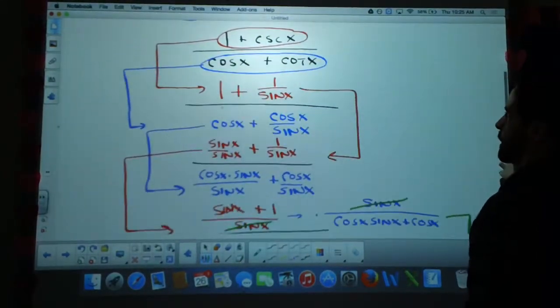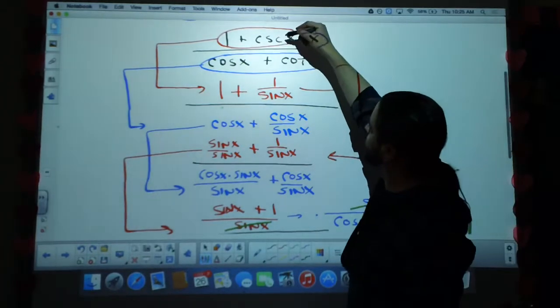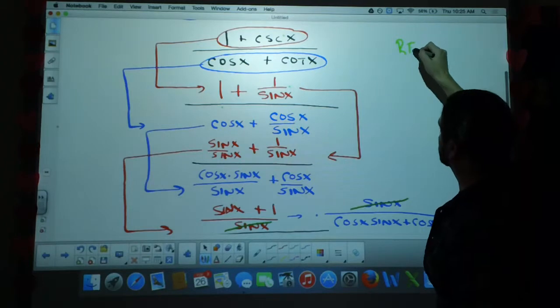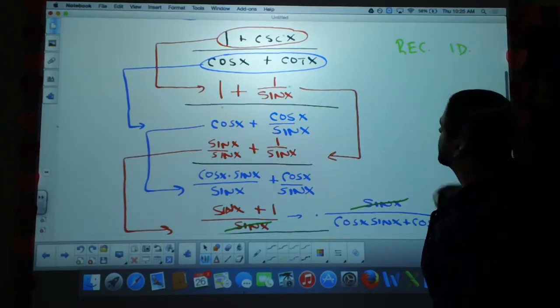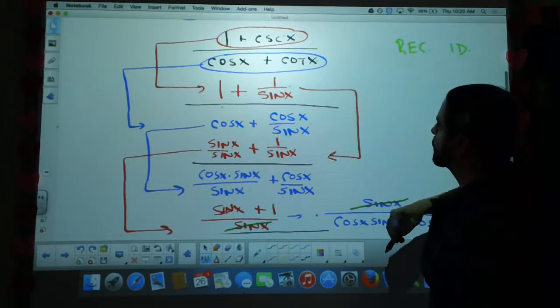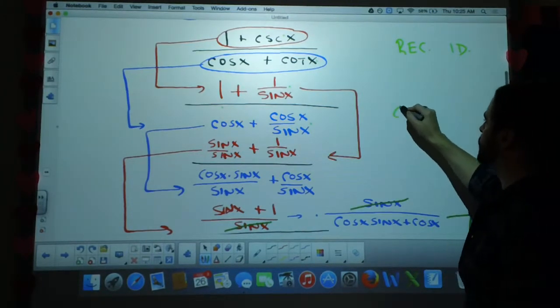What's the first thing I did? To get from this to this, I used a reciprocal identity. To get from cotangent to cosine over sine, I used a quotient identity.